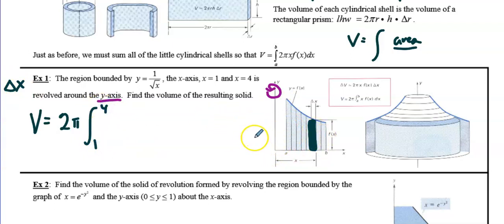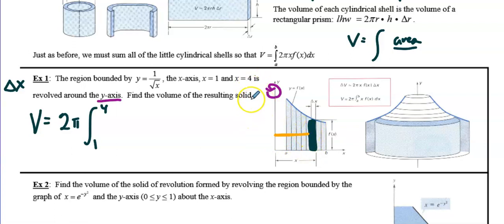Now, the radius, and this is how I always do this, and I think this is very helpful. The radius is always going to be from either the y-axis or x-axis, whichever is parallel to this. So our radius is going to be from the y-axis to our actual rectangle. And the reason why I choose the y-axis is because, again, it's what's parallel to this.